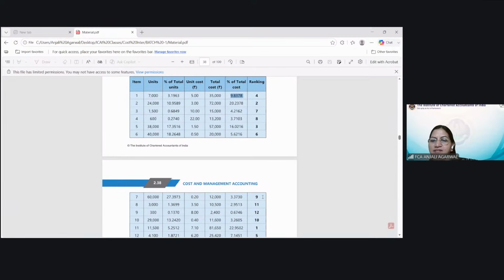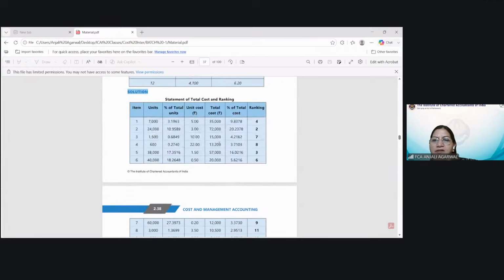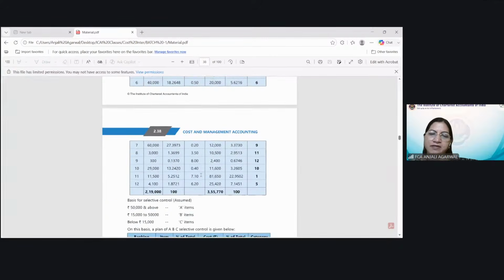Then I add up 5, 6, 7, 8, 9, 10. But he has given the basis also: 50,000 above is A. Let's see, have we taken all 50,000 above? Yeah. 81, 72, 57. I took item number 1 into category A, but its value is 35. So as per the criteria, I'll drop it.